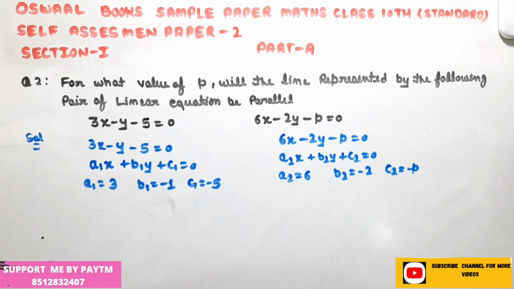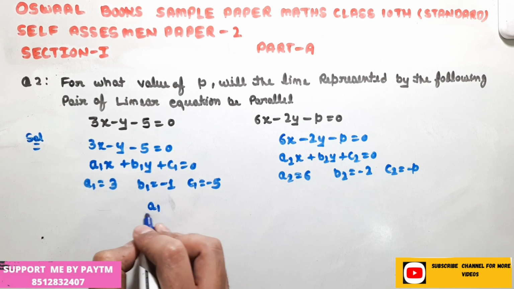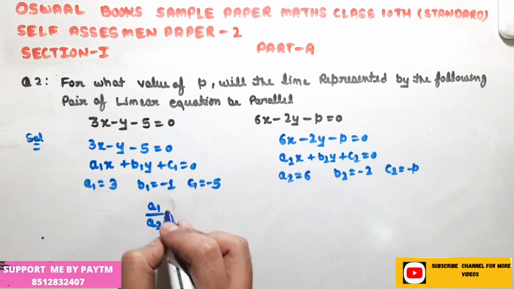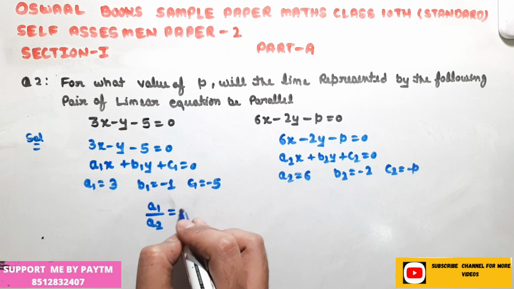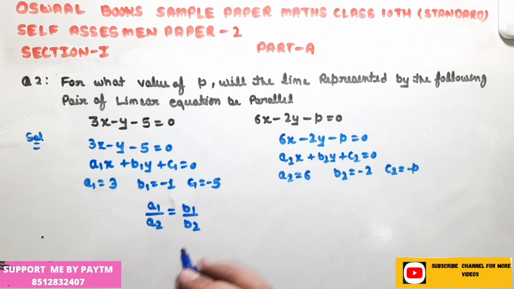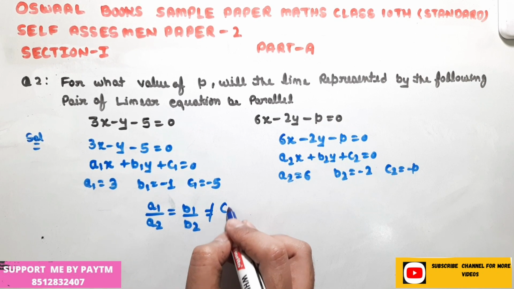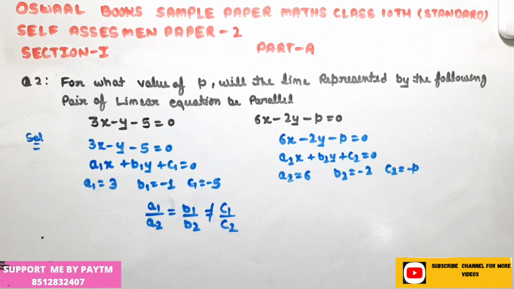We know that a pair of linear equations is parallel when the ratio a1 upon a2 is equal to b1 upon b2, not equal to c1 upon c2.